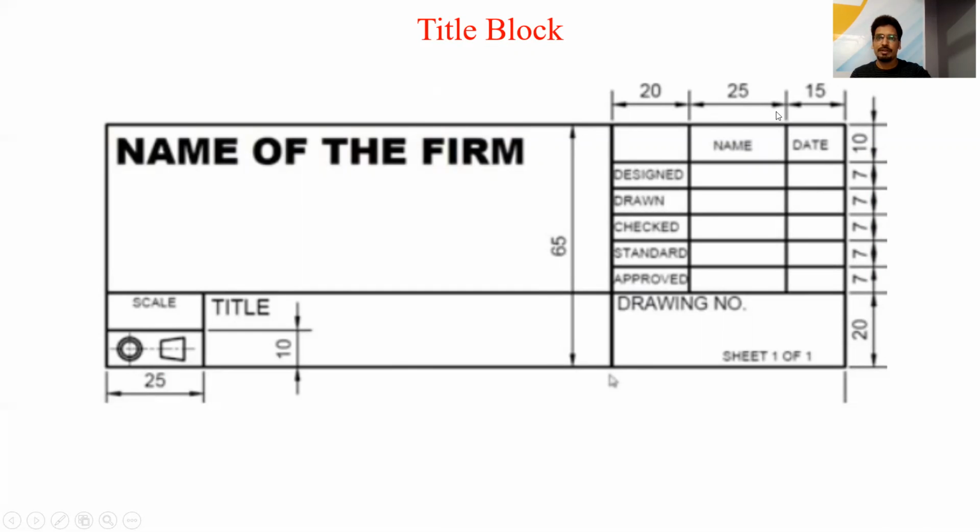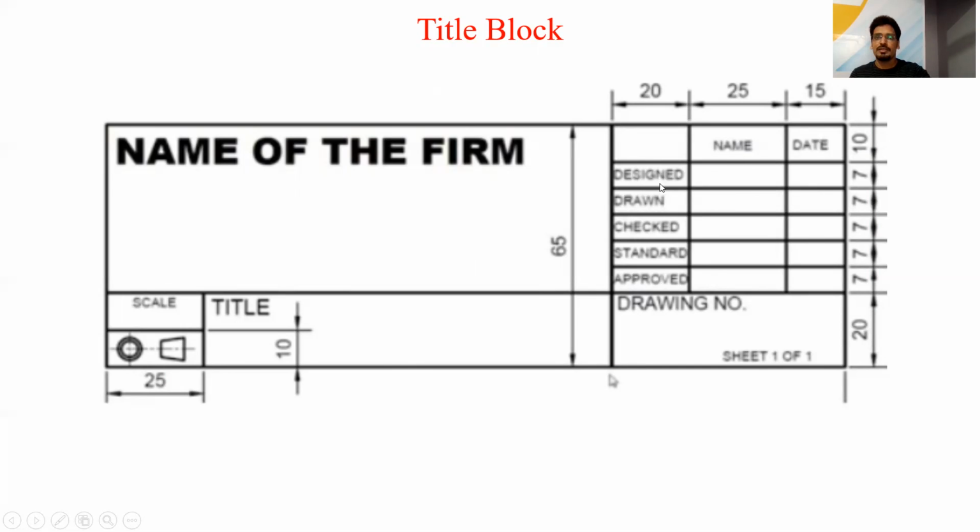Then from the first line we have to take 25 mm, then 20 mm, and we have to draw a horizontal line from this point which is 10 mm below, and draw a line up till here. And these are the sizes. So we have to draw the title block in this manner, and these are the elements of a title block.